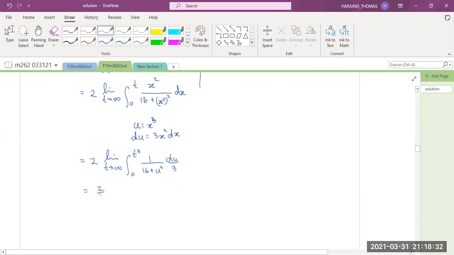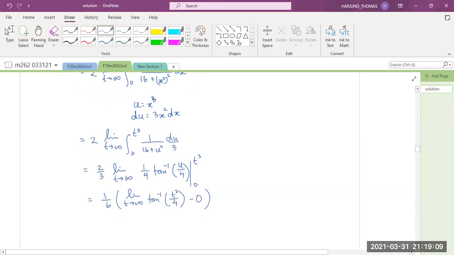So that's 2 over 3 times the limit as t goes to infinity of 1 over 4 tangent inverse of u over 4 from 0 to t cubed. So that's 1/6 times the limit as t goes to infinity of tangent inverse of t cubed over 4 minus 0.